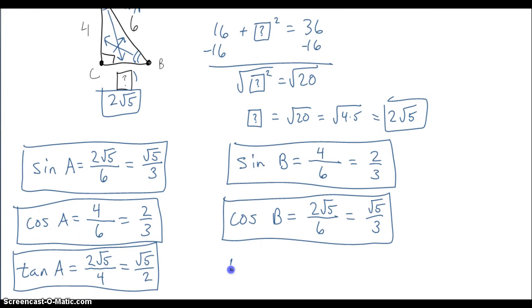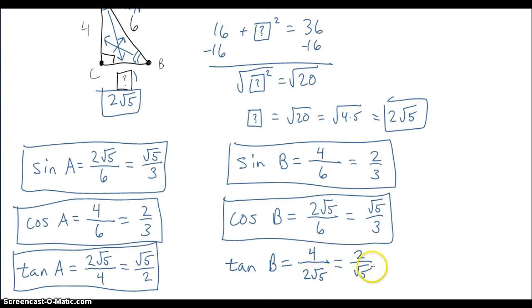Finally, tangent of B. Tangent is opposite over adjacent. And if I look at angle B, opposite of angle B is 4, and adjacent to angle B is 2 square roots of 5. Now I need to simplify this. 4 over 2 simplifies down to 2, with the square root of 5 in my denominator.